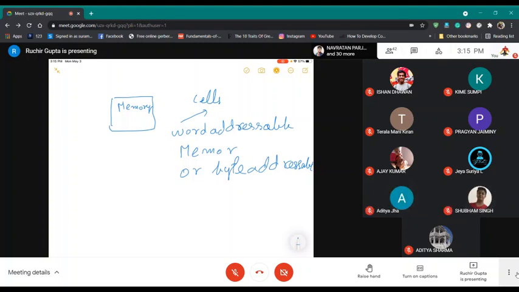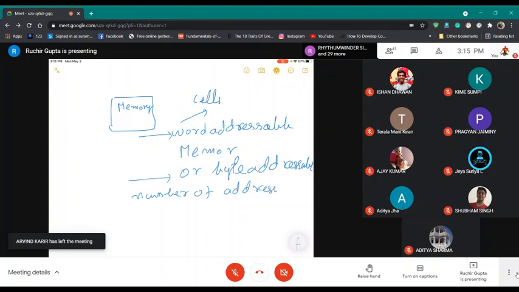So where we are addressing a word and where we are addressing a byte, the word size is typically the same. It depends on the number of address lines, that is, what will be the possible size of memory.